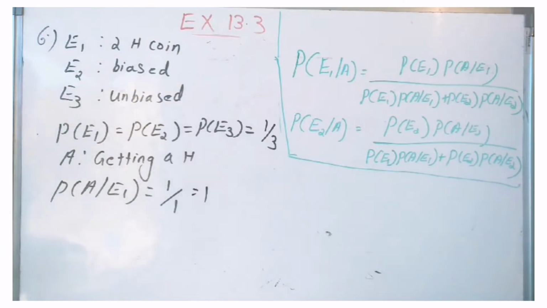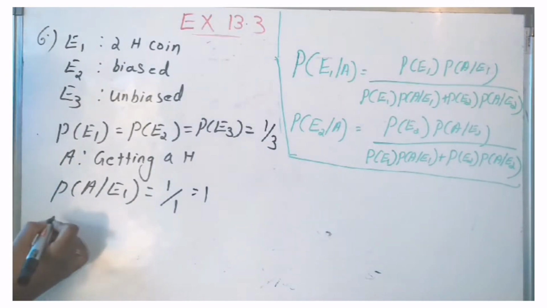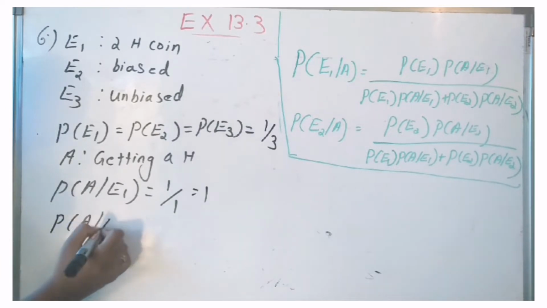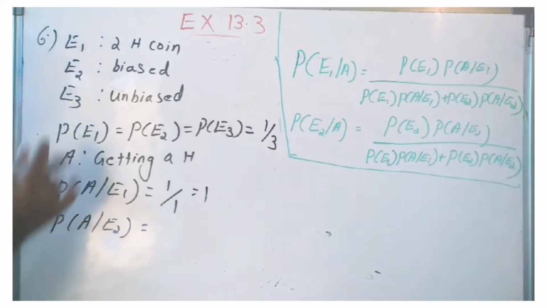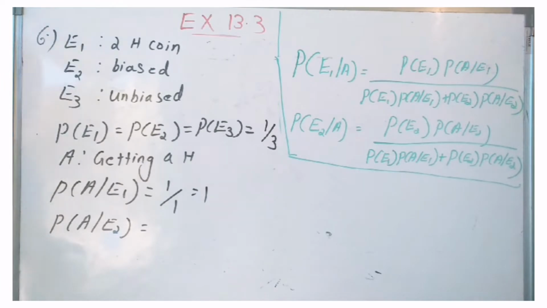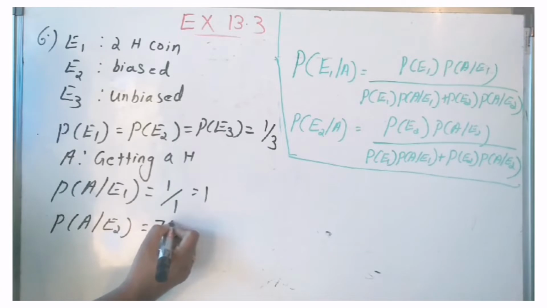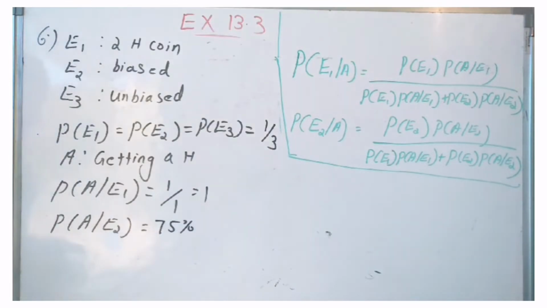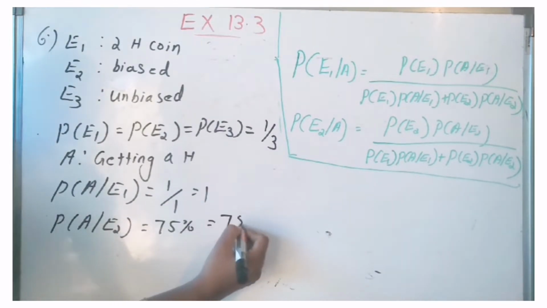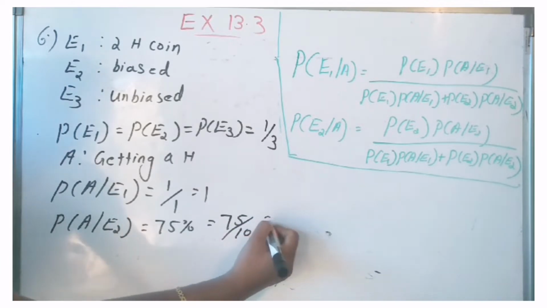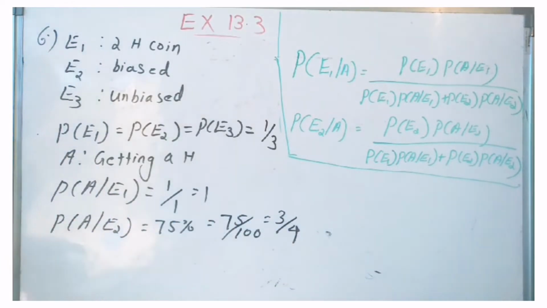Now, second coin, that is biased coin. So P of A given E2. We took that biased coin and we need to get head. It is given in the question, 75%. That probability is 75 divided by 100, which is equal to 3 by 4.